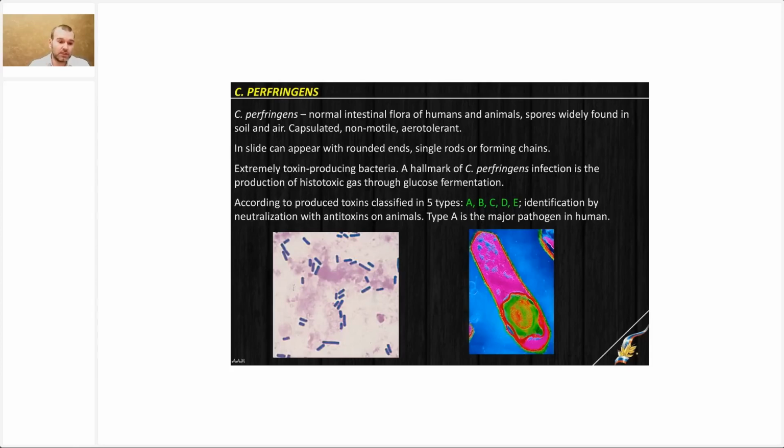It means you need to take a susceptible animal, infect it with your clinical sample, and provide a different type of antitoxic serum to different animals, and the one animal which will survive receives the correct type of serum, and it is the type of Clostridium perfringens causing the disease. As you can see in that electron photo in the right part of the slide, spores are located subterminal and slightly change the shape of the bacteria. It's not so significant as for other species.